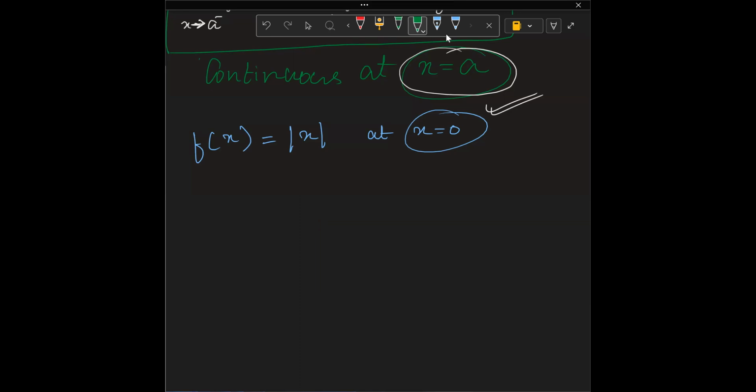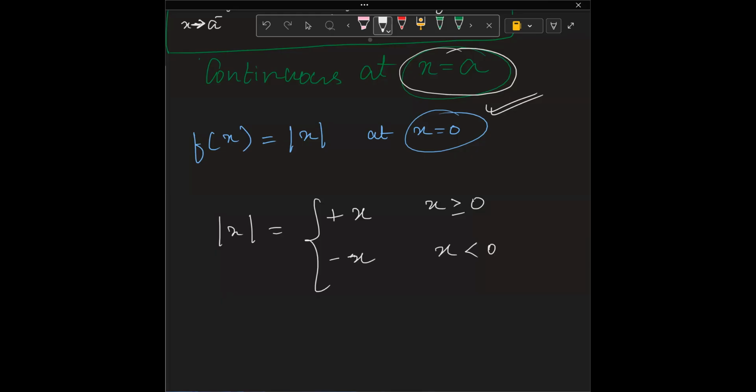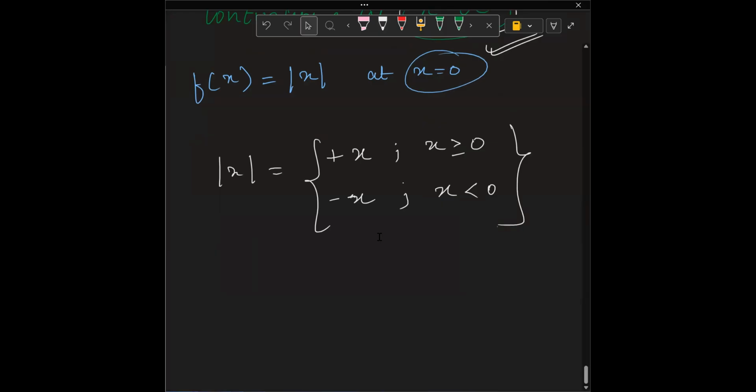So you know that mod of x is plus x when x is greater than or equal to 0, and minus x when x is less than 0. Do you know this? Yes, sir. मैंने आपको बताया था कि आपको क्वेश्चन इसी तरीके से प्रोसीड करना है.